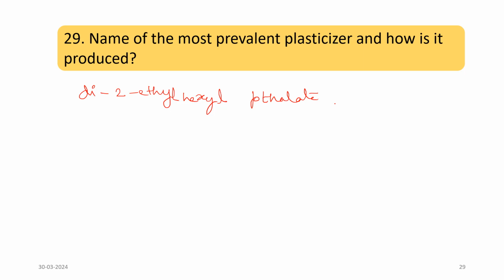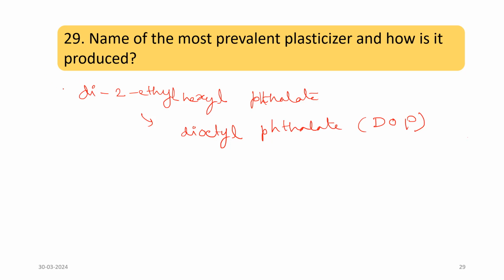It is also known as dioctyl phthalate, that is DOP. And how is it produced?